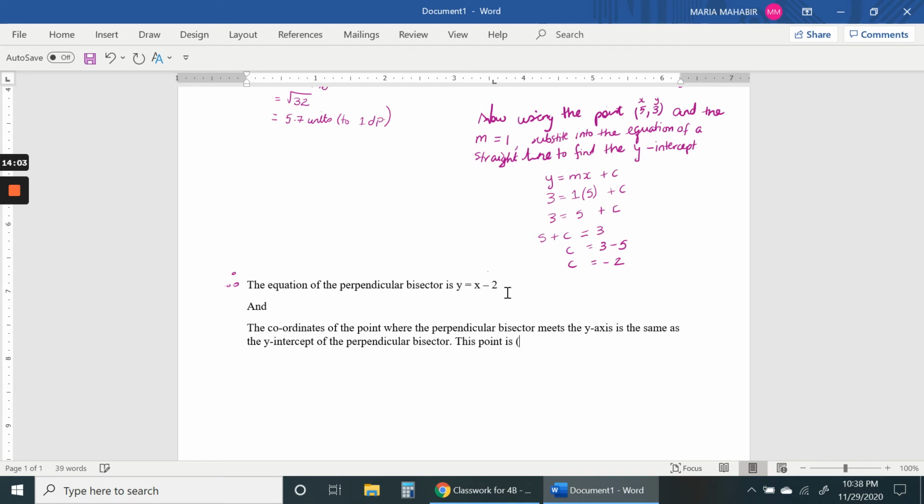This point is (0, -2), because the y-intercept here is negative 2, and remember at that point x is always 0.